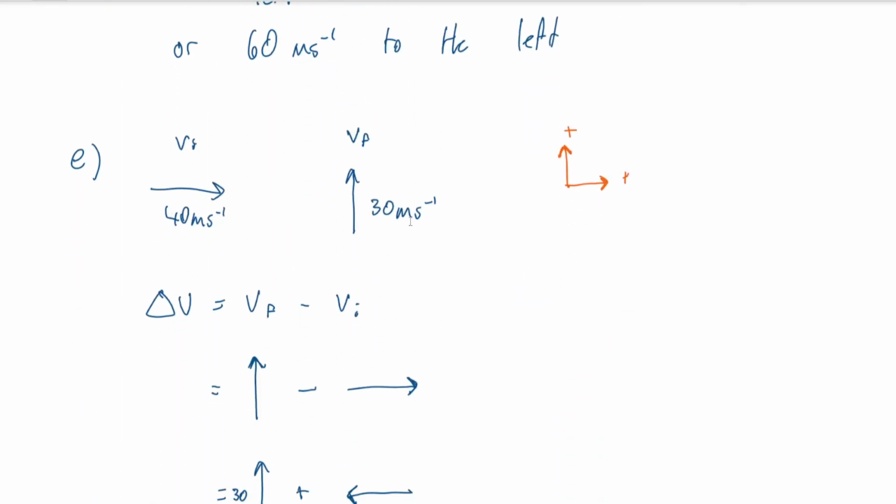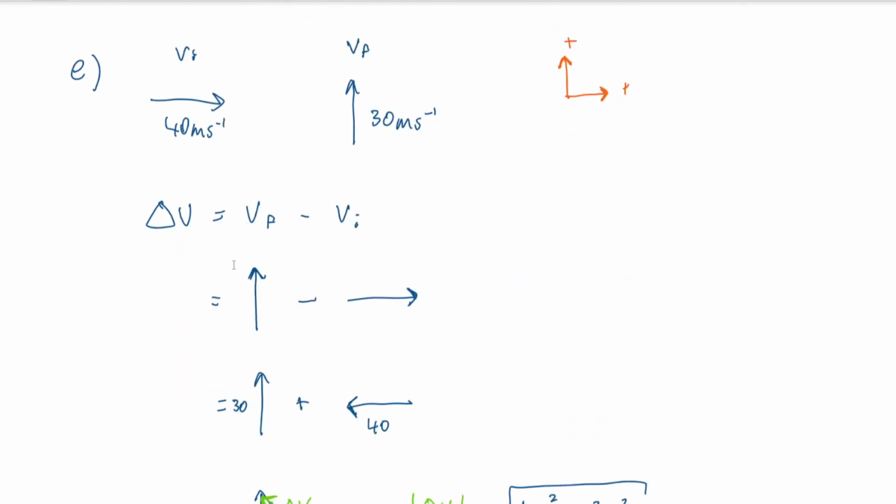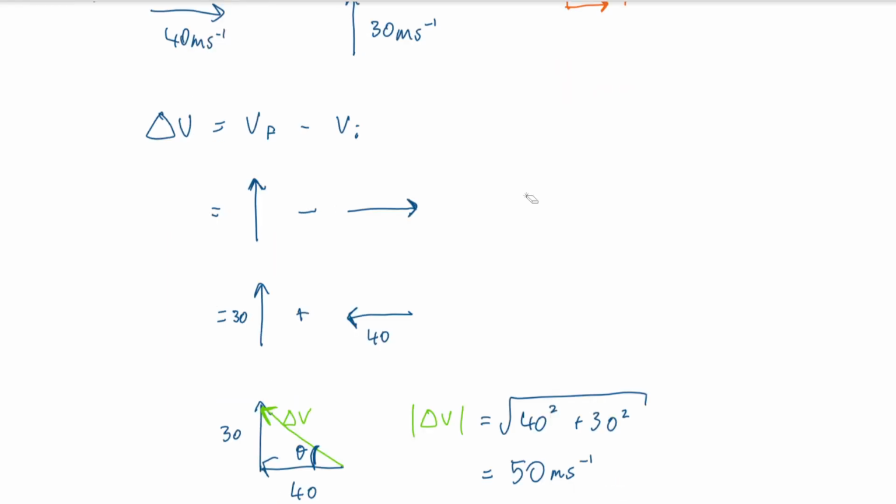However, in 2 dimensions, I recommend you do this first line here, the symbolic vector addition, so that when we subtract, we know to flip the direction.